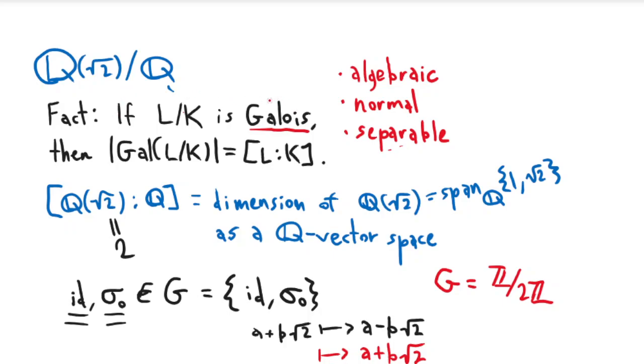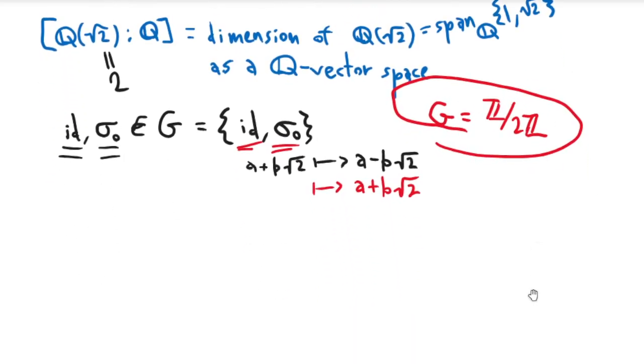And using facts from Galois theory, you can pretty much immediately say what the Galois group is. And you can also explicitly find the elements of the Galois group. Yeah, so that's a nice example. But maybe there are more complicated examples. And so now let's take a look at that.